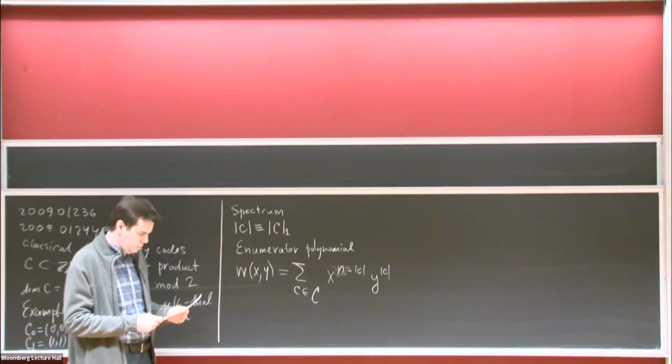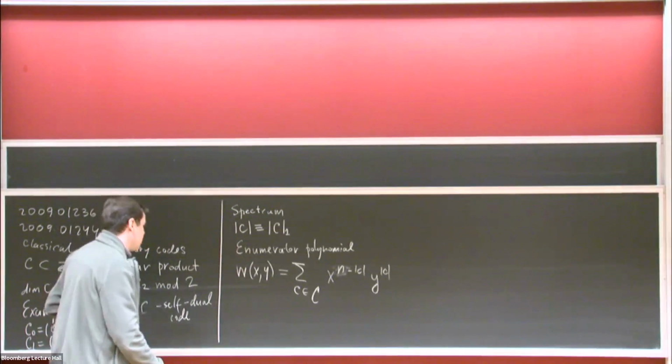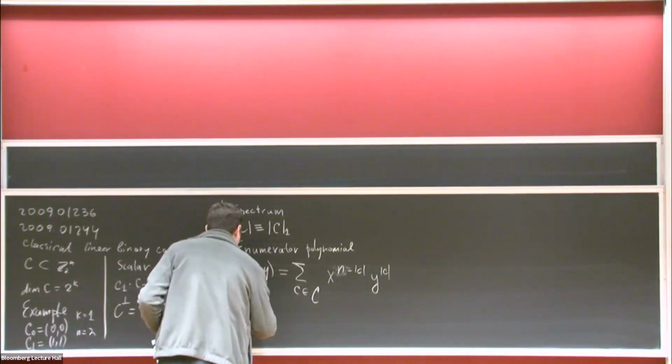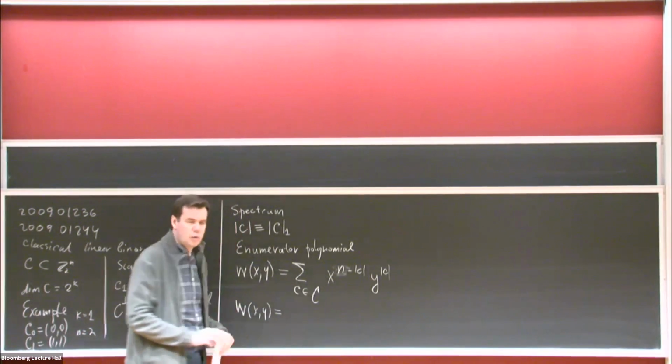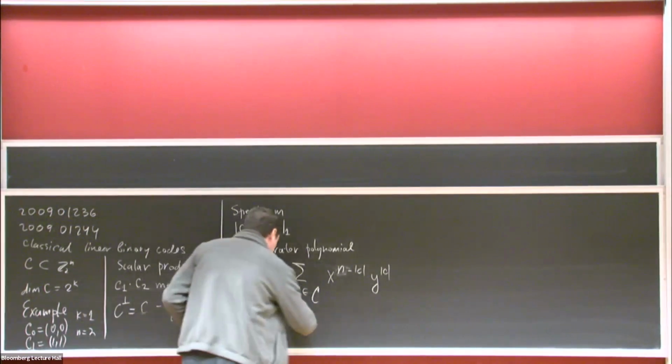It's called the spectrum. Now, if the code is self-dual, the following algebraic identity holds. I think it's called MacWilliams identity.